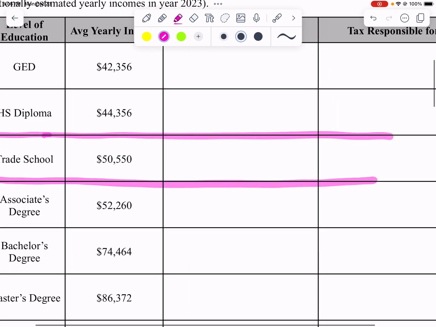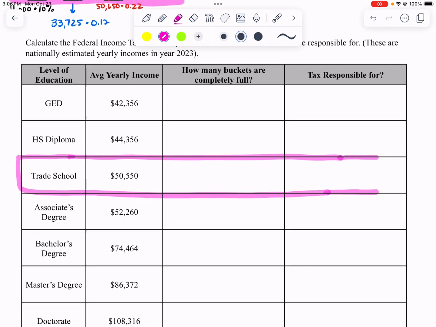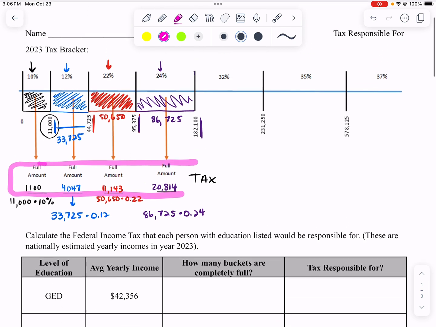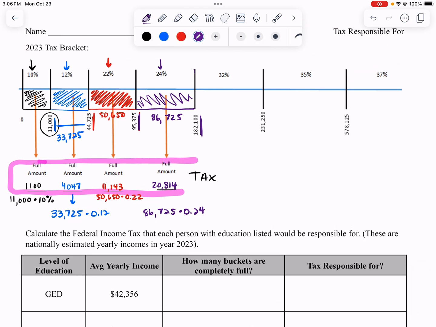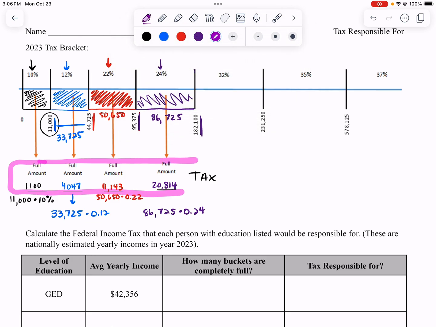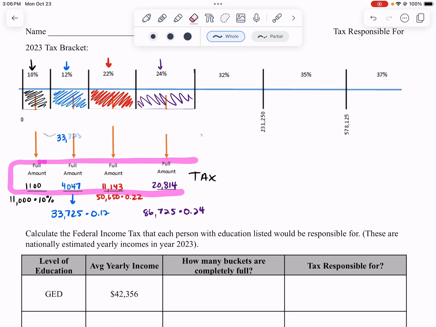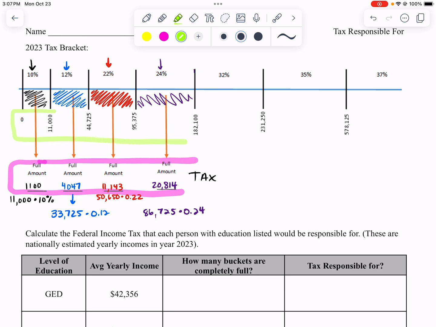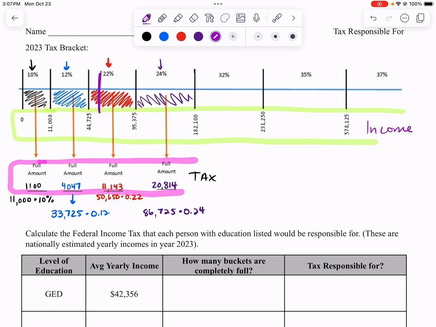If somebody made $50,000 a year from trade school, to figure out how much tax they would be responsible for, we would first look at the tax bracket to figure out where $50,000 lies. So we want to look at the income section to see where $50,000 lands, which is right here.